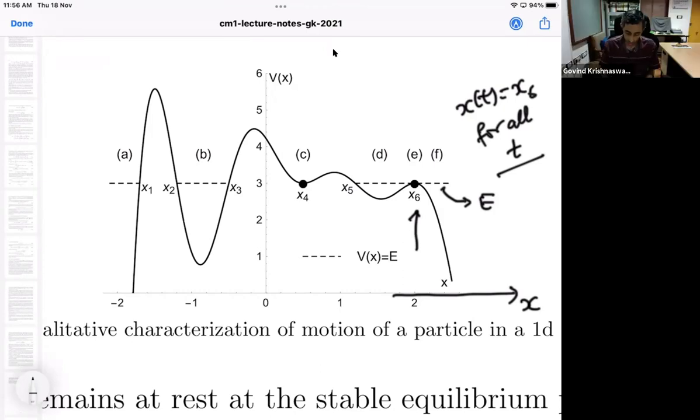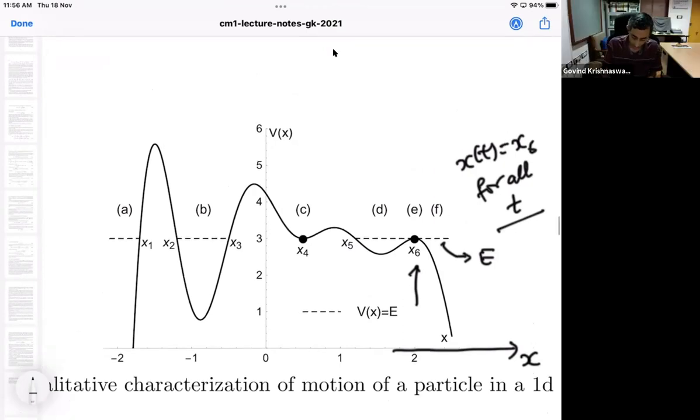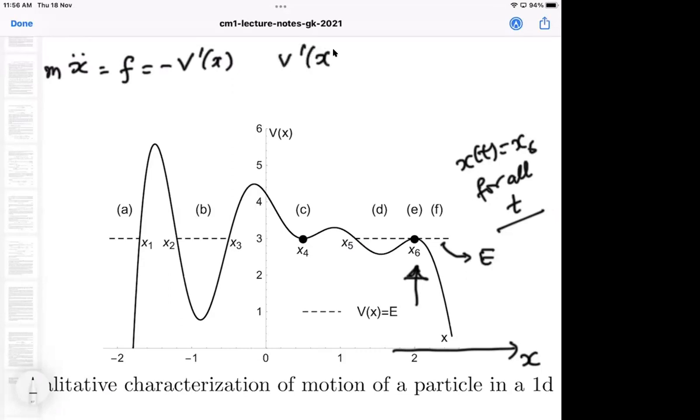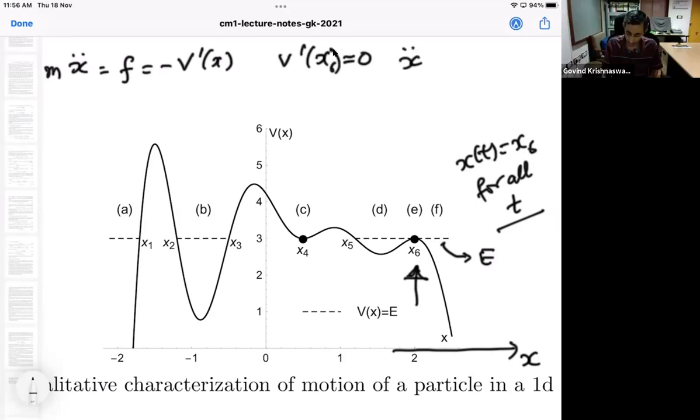Let me just clarify. The equation of motion is m x double dot equal to the force, which is given by minus V prime of x. At the point x6, V prime of x6 is 0, and therefore x double dot is 0 at x6.